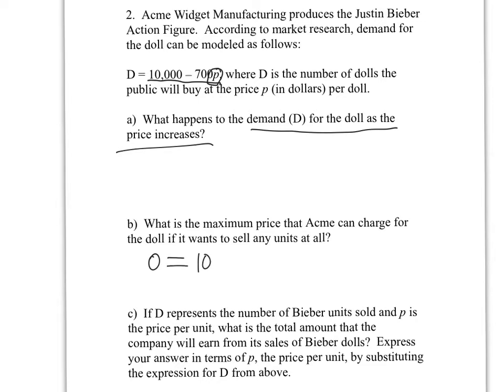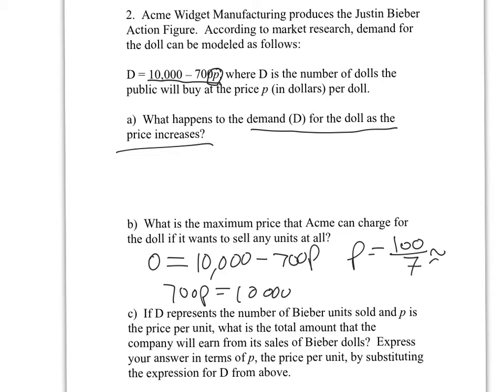Then we would say 10,000 minus 700p, and when we solve for p, we get that 700p is equal to 10,000, so p is equal to 100 over 7, which is about 14 and 2/7, about 28 cents.